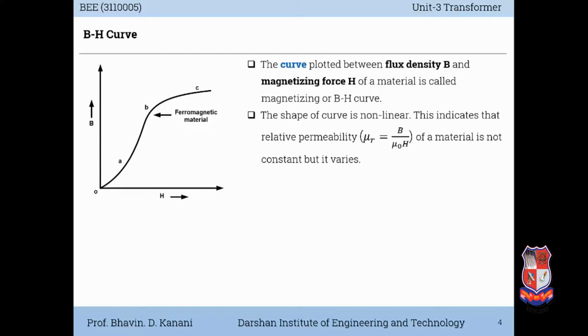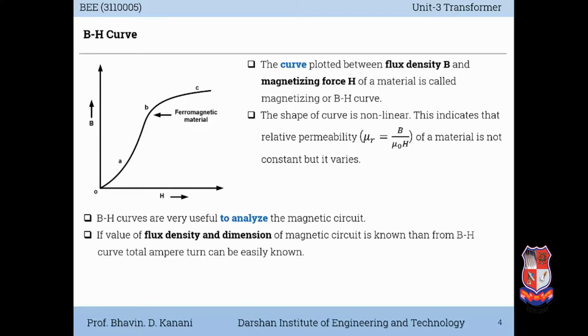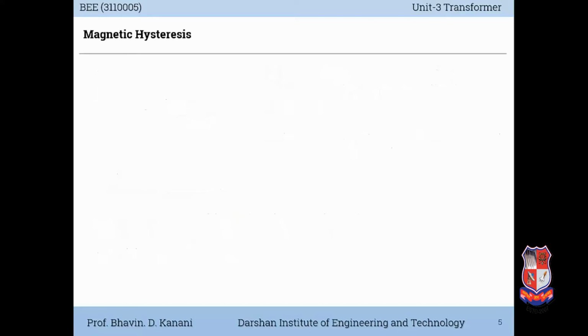This indicates that relative permeability mu r, equal to flux density B divided by absolute permeability mu naught multiplied by magnetizing force H, of a material is not constant, but it varies. BH curves are very useful to analyze the magnetic circuit. If the value of flux density and dimension of the magnetic circuit is known, then from the BH curve the total ampere turn can be easily known.